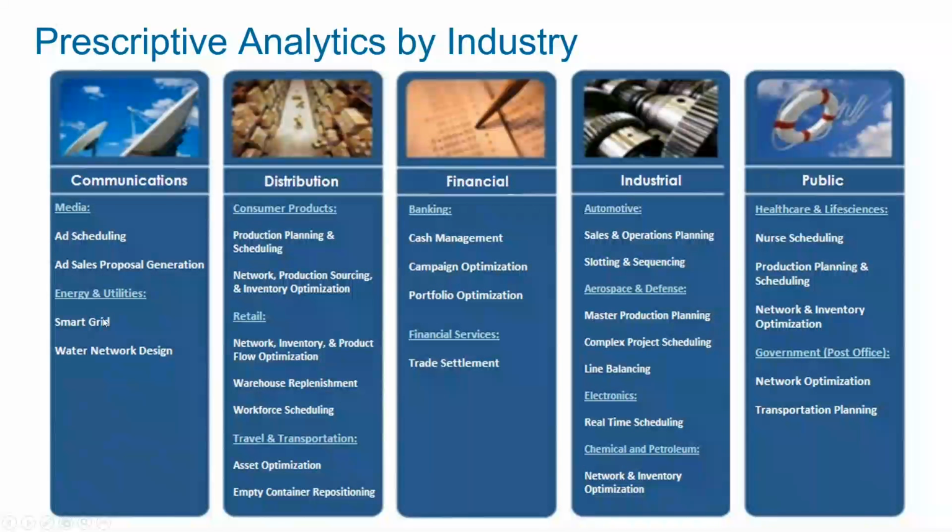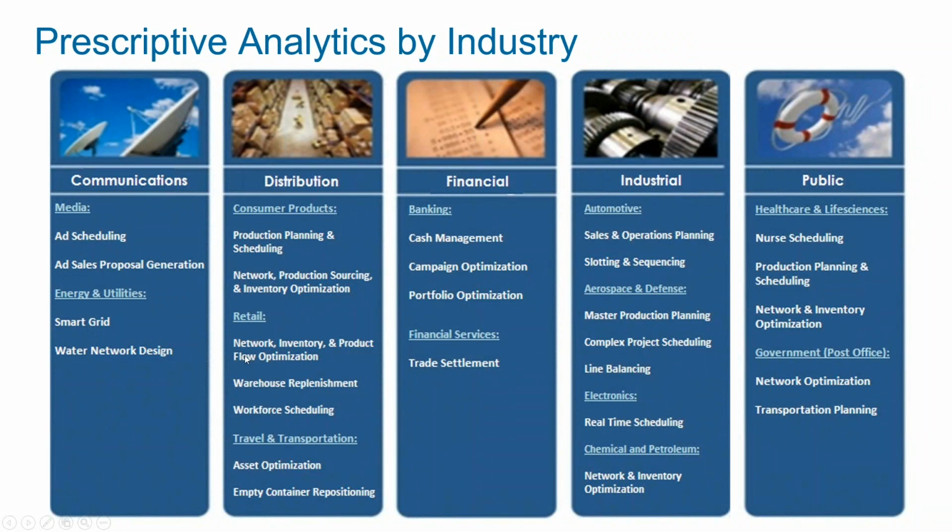Energy and utilities, you have smart grid. Many applications in water network design. Distribution is a very important area, especially now with all the tariffs and what is happening. In consumer products, you have production planning and scheduling, network, production sourcing, inventory optimization.